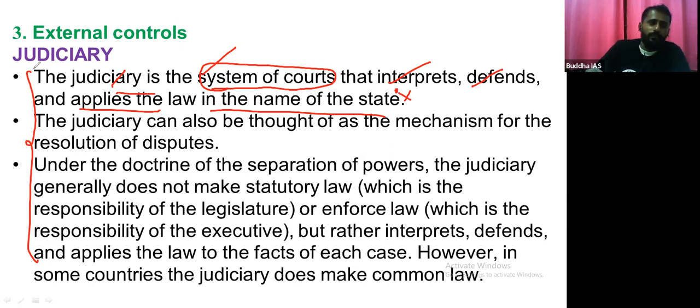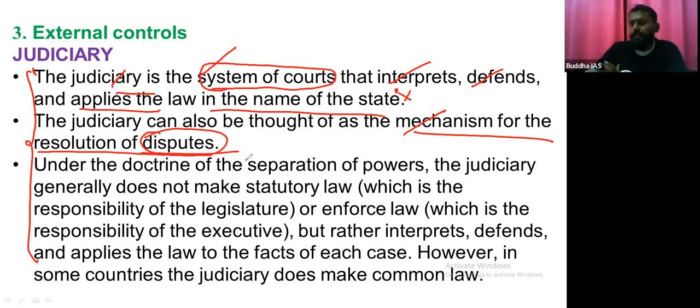Very, very powerful statement. Generally we discuss it the other way. Judiciary can also be thought of as the mechanism for resolution of disputes. So if someone asks you what is judiciary, in simple terms you can say it is a mechanism for resolution of disputes.